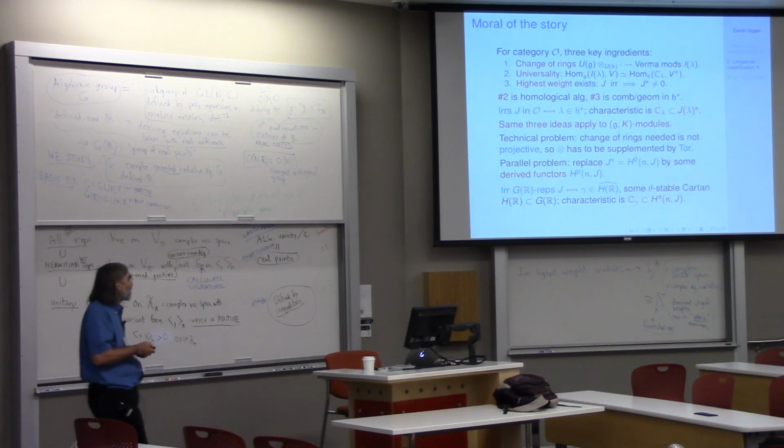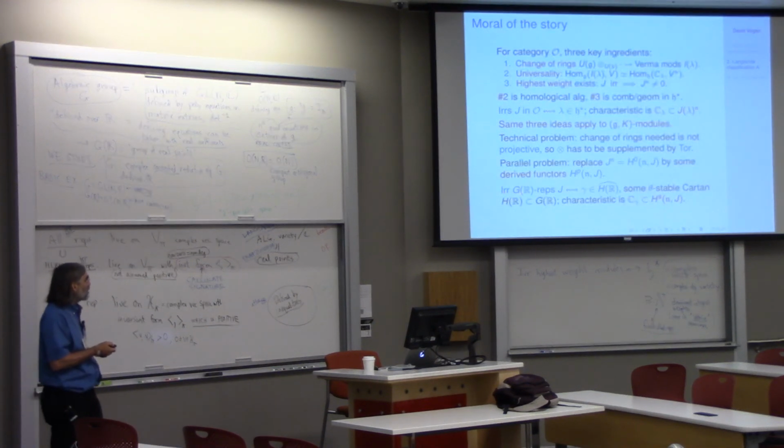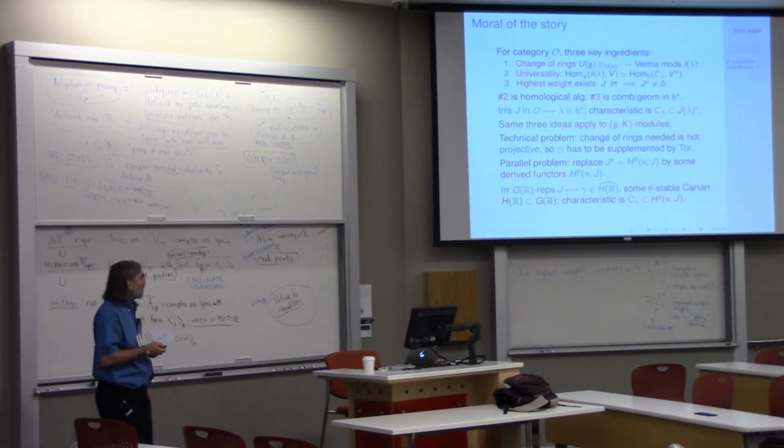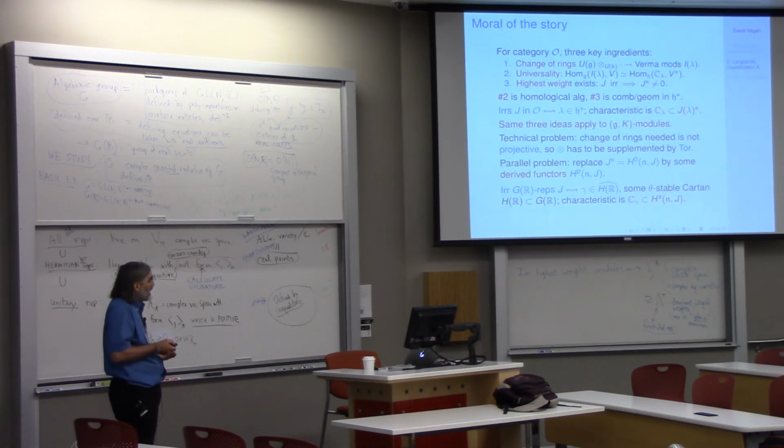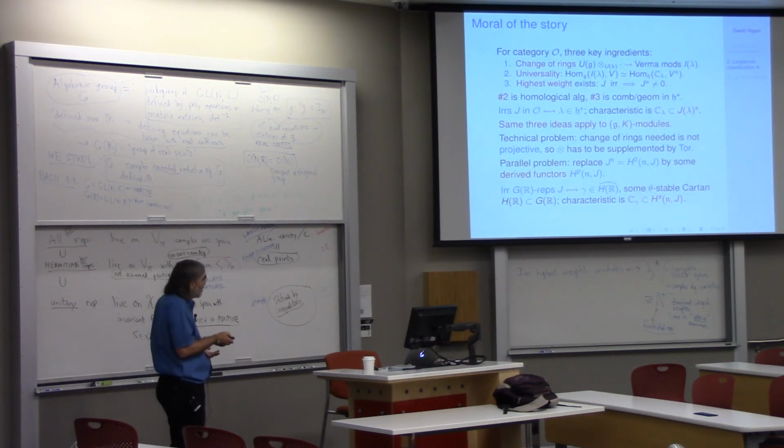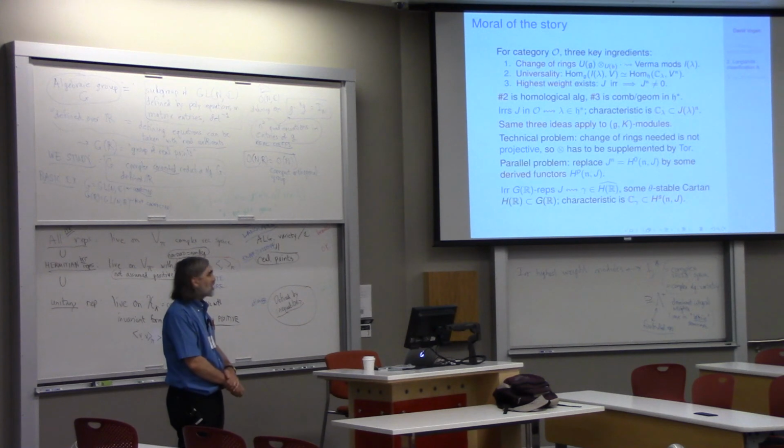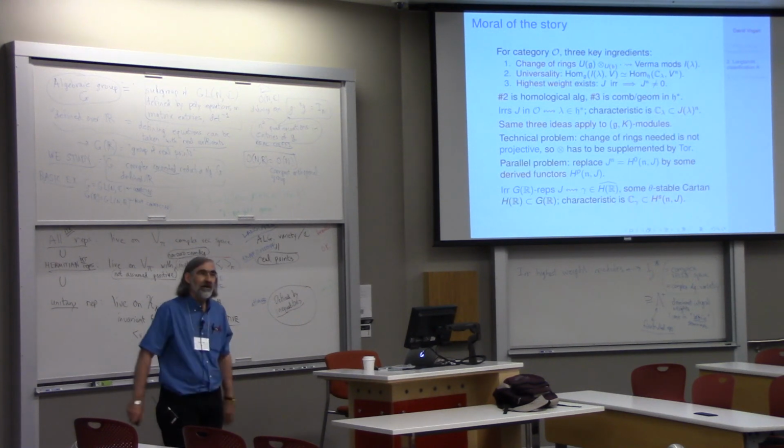But what will come out is that the irreducible representations are parametrized by essentially characters of Cartan subgroups of G. And the characteristic property will be that the weight for the Cartan appears as a cohomology class of the representation. So that's what I will start talking about tomorrow.